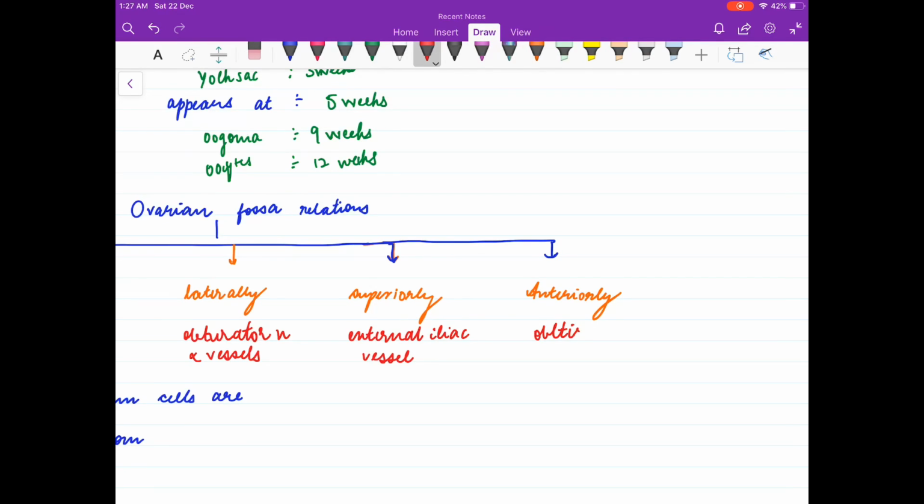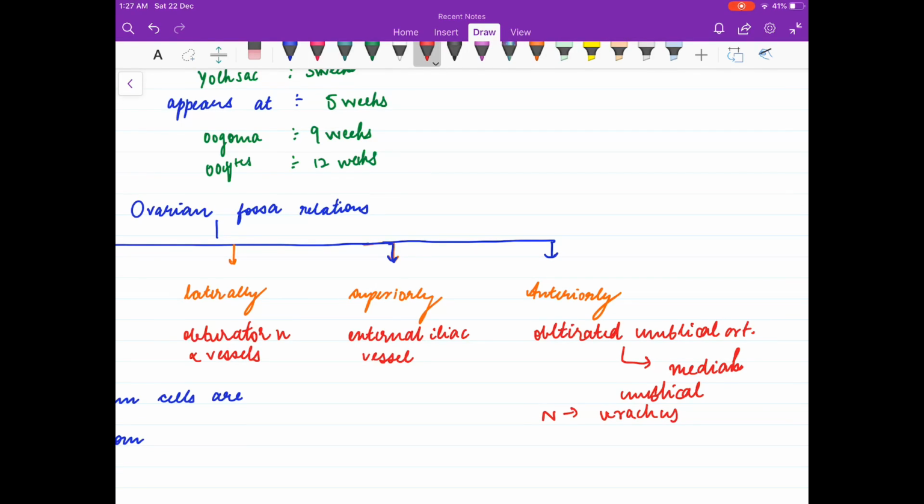Obliterated umbilical artery forms the medial umbilical ligament. And what does the median umbilical ligament form?